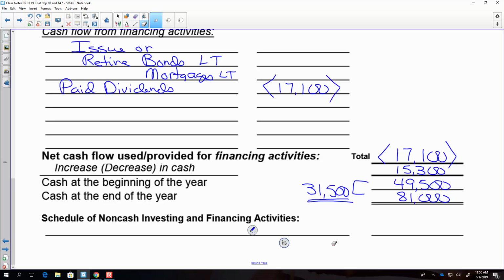That's the beauty of this statement. I can reconcile, right? Good job, Diane. How much common stock did we issue? 16,200. That would do it. That's what we're missing.